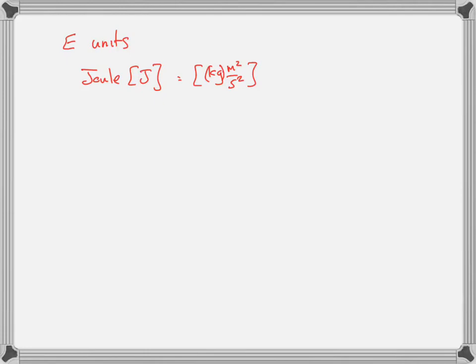I want to relate that to the EV, or the electron volt. The EV is also a unit, right? I guess I could have said joule equals electron volt. That is a unit. And it's really easy to see what an EV is.